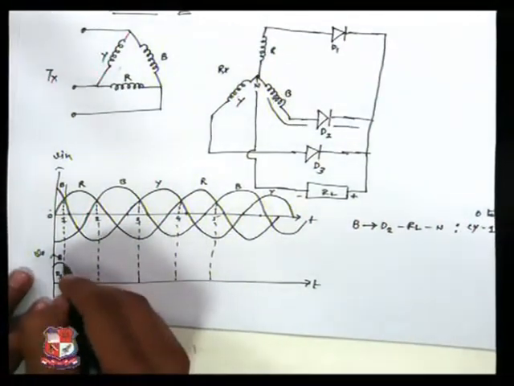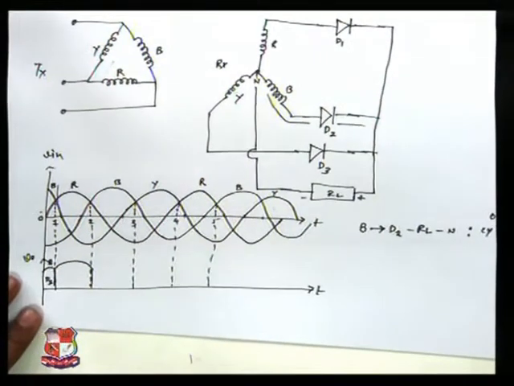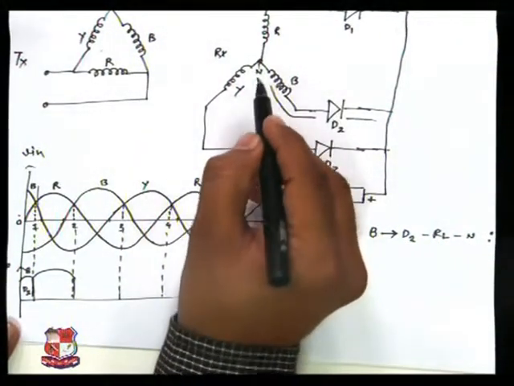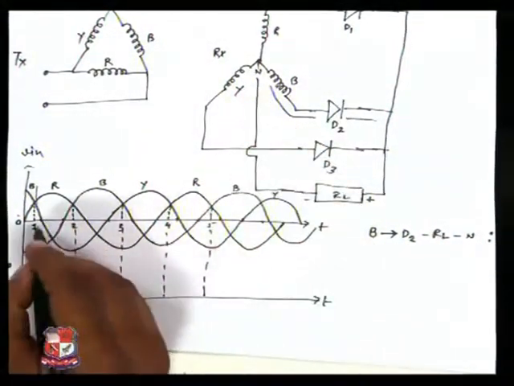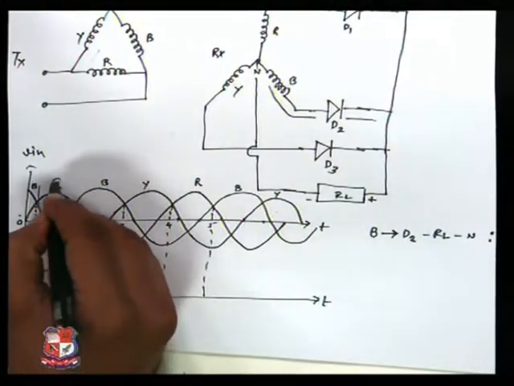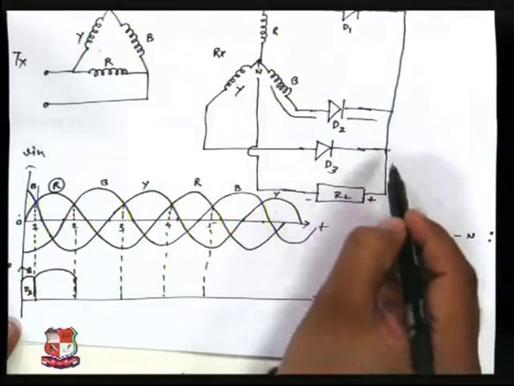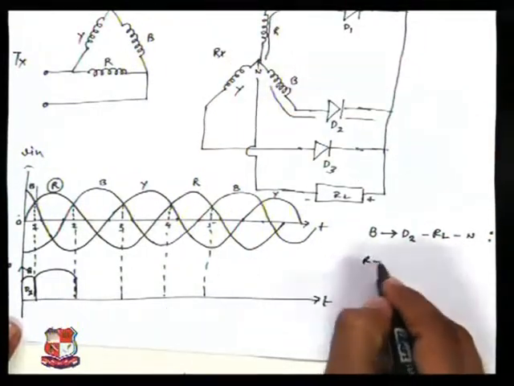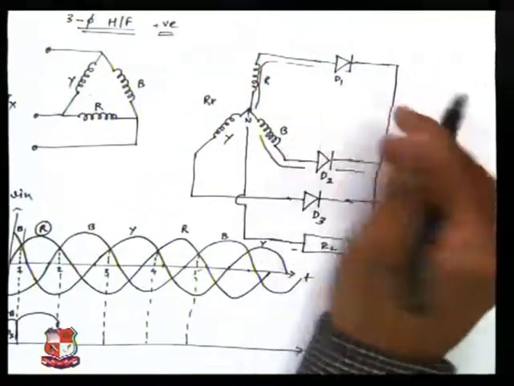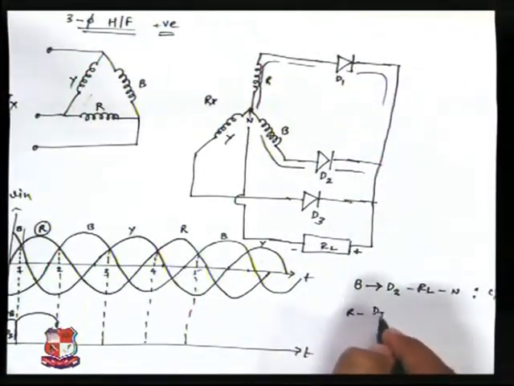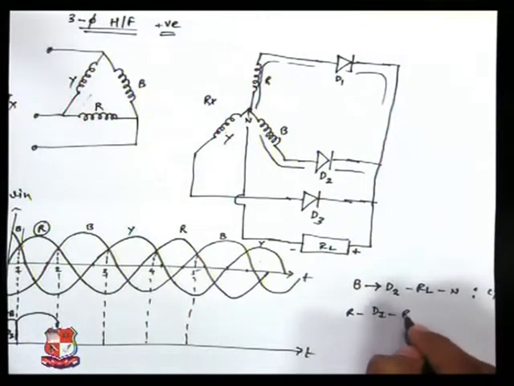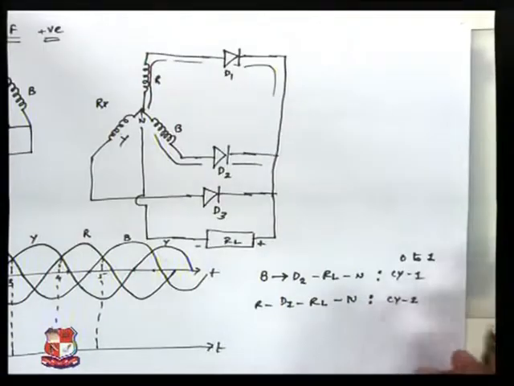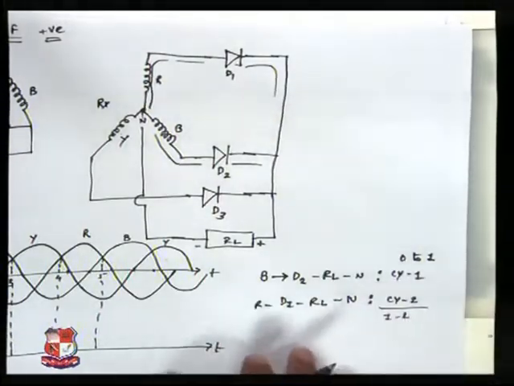Now what happens at the instant 1 to 2? At the instant 1 to 2, the current comes from the neutral, then again check which phase is most positive at the instant 1 to 2, that is R. So now my current is continuously flowing from R to D1, D1 to RL and RL again to N. This is our cycle 2, the instant 1 to 2.